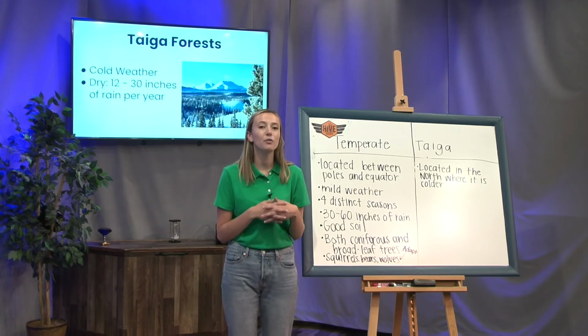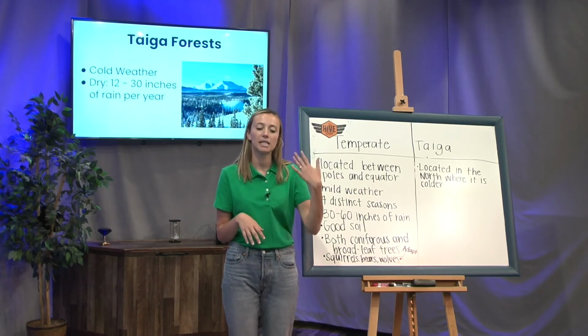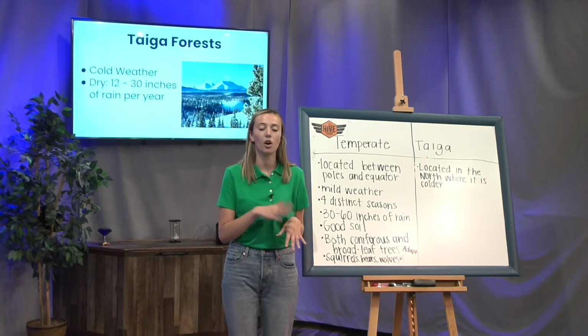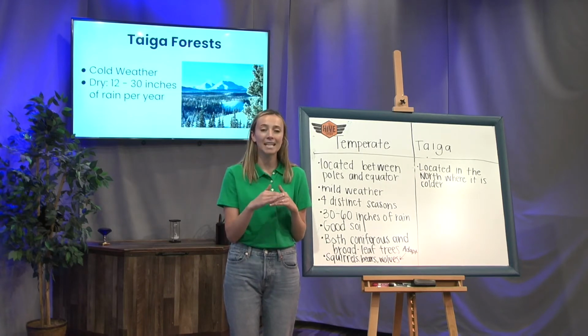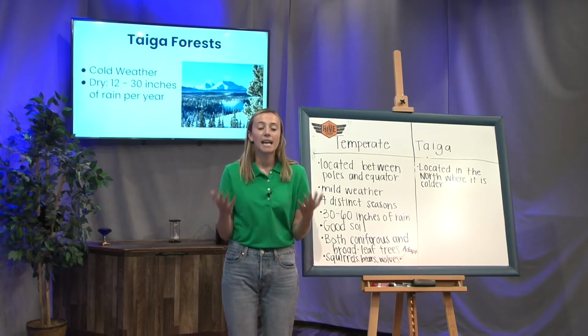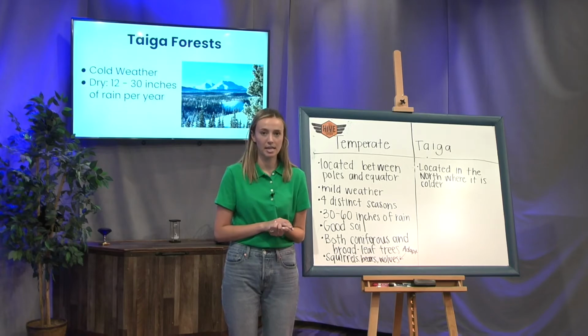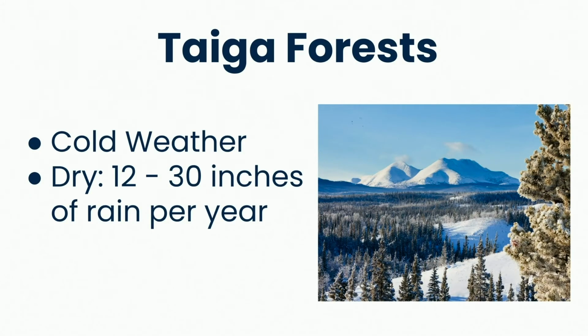It is also very dry. So just like a desert, it does not get a lot of rain. So a desert has the least amount of rain out of all the biomes, but then the next least amount of rain is a taiga forest. And a taiga forest only sees about 12 to 30 inches of rain per year. Since that's not a lot of rain, think about the plants that are going to be living there.